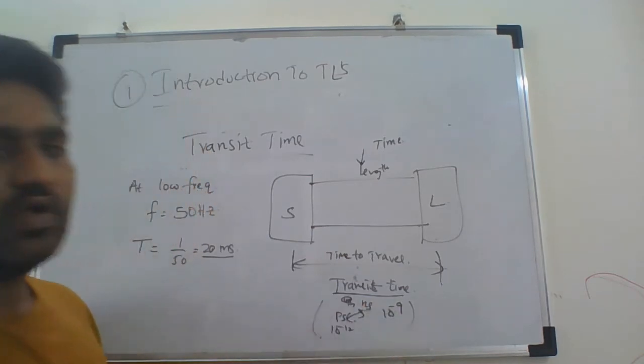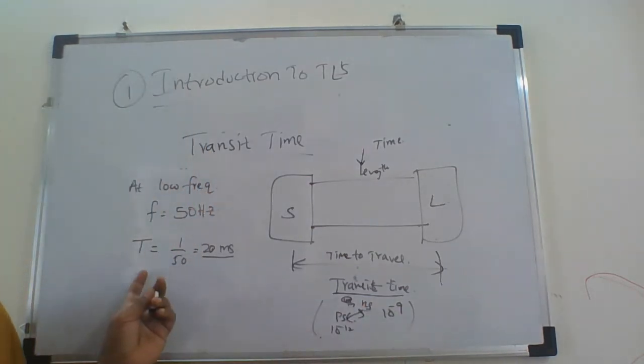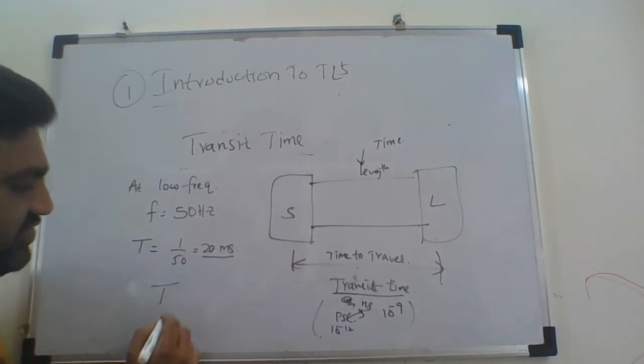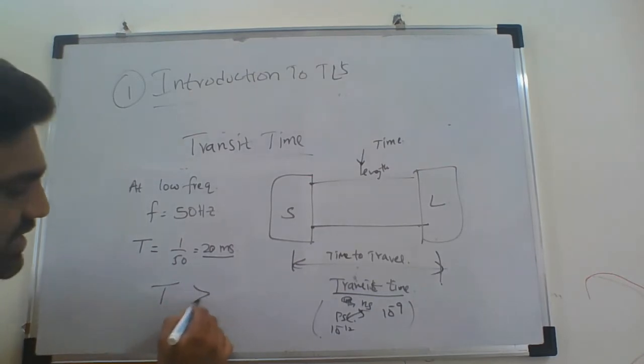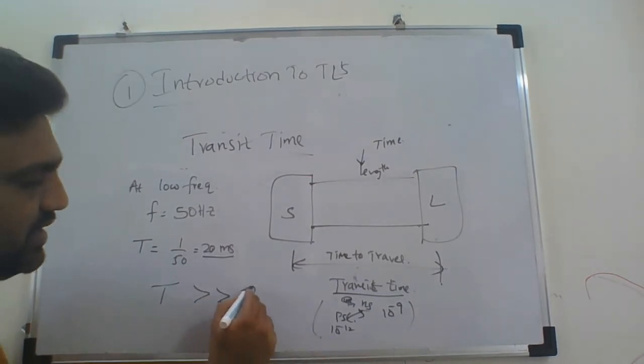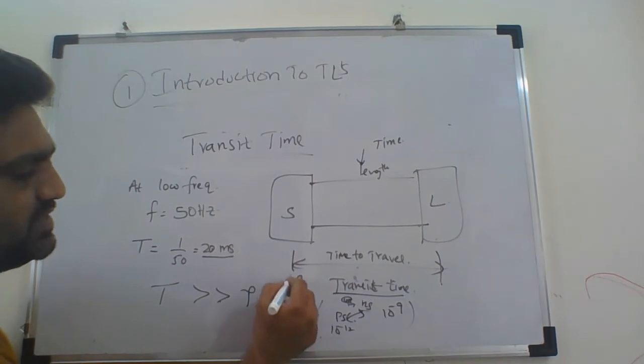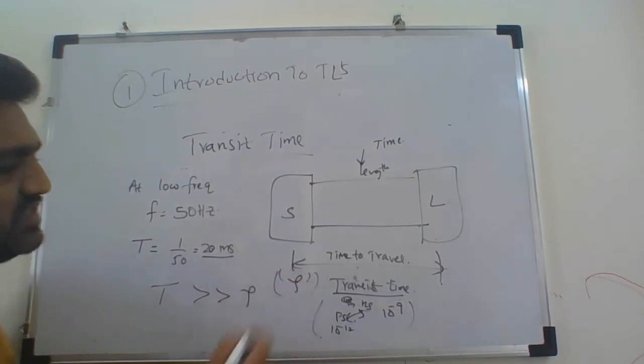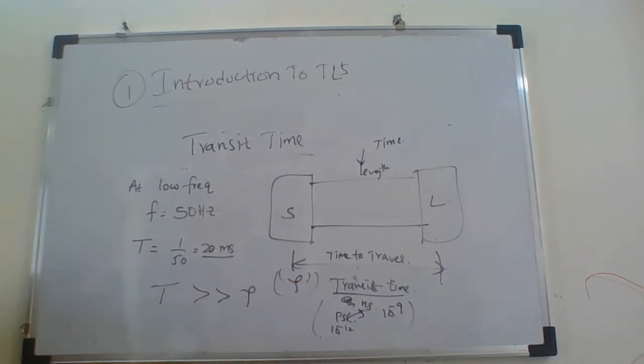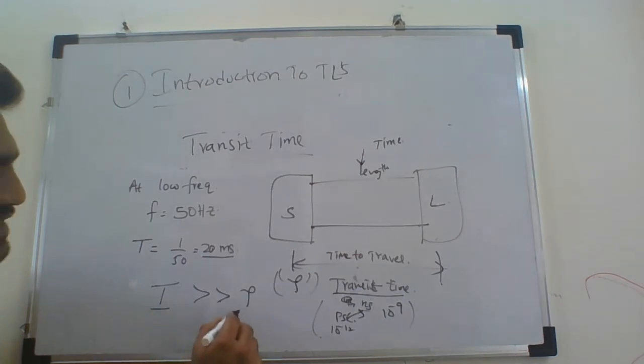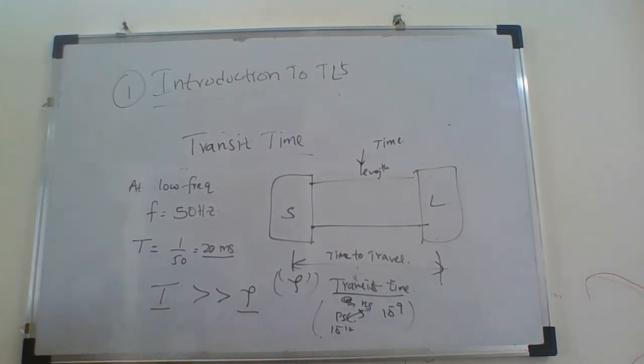So at low frequencies, the time period of the signal is much higher when compared to the transit time, which we represent by tau.